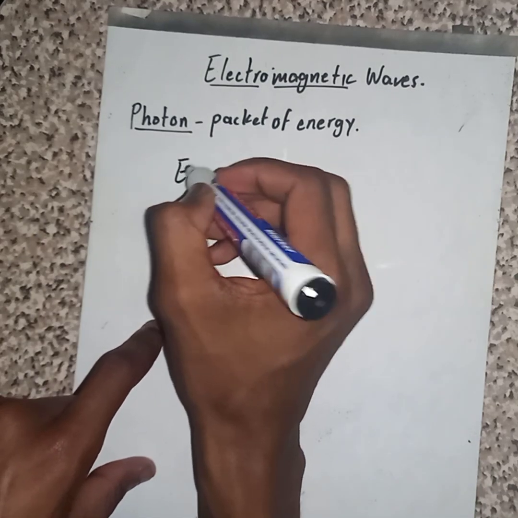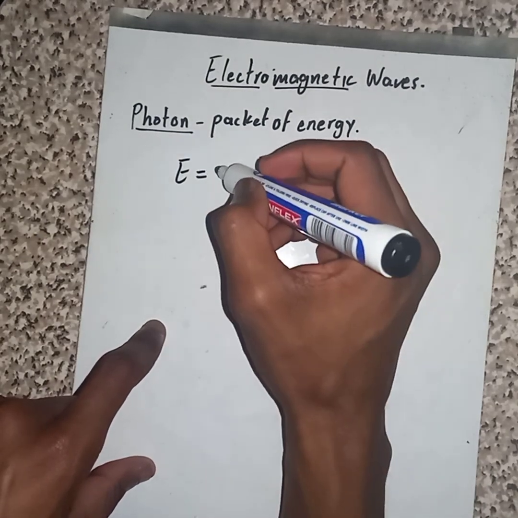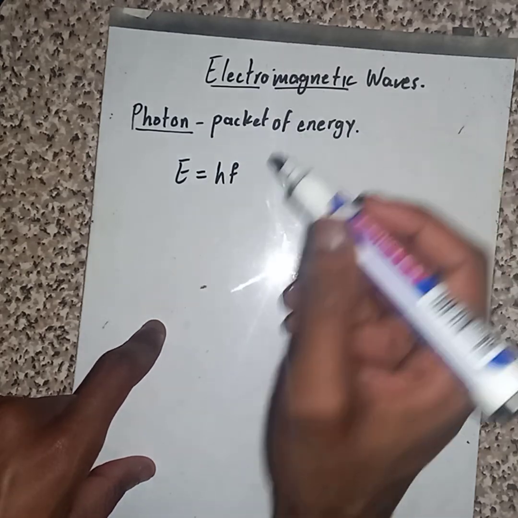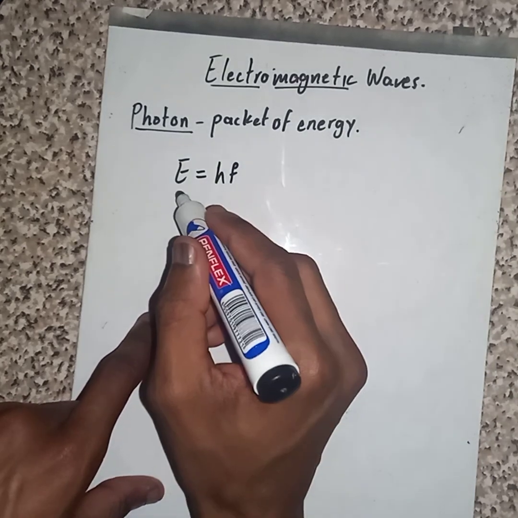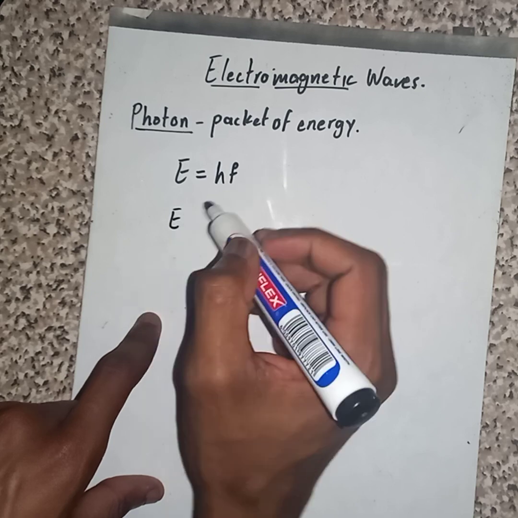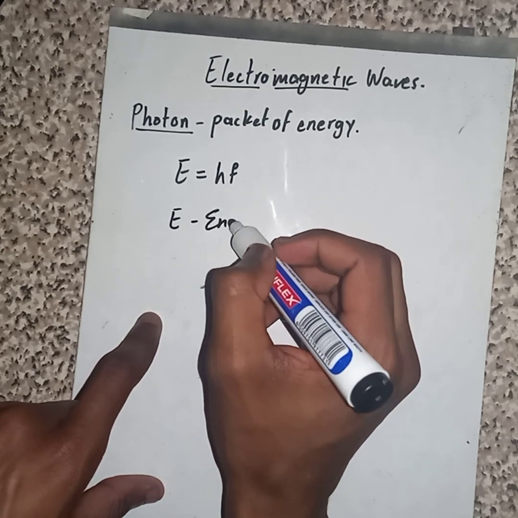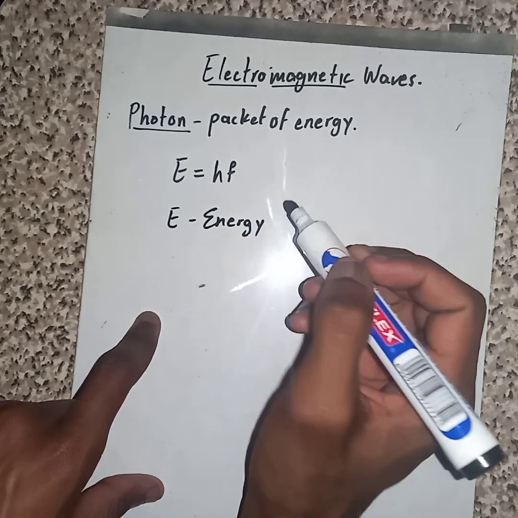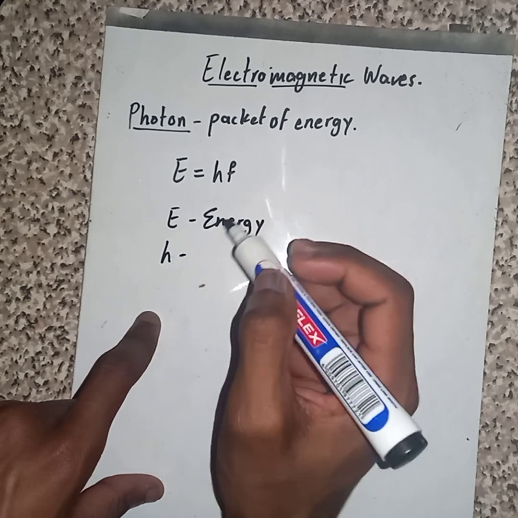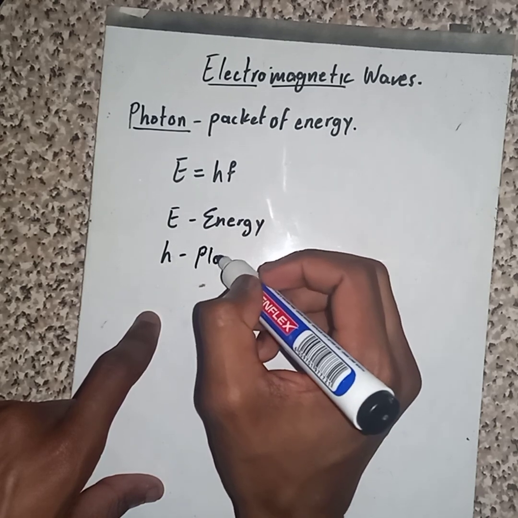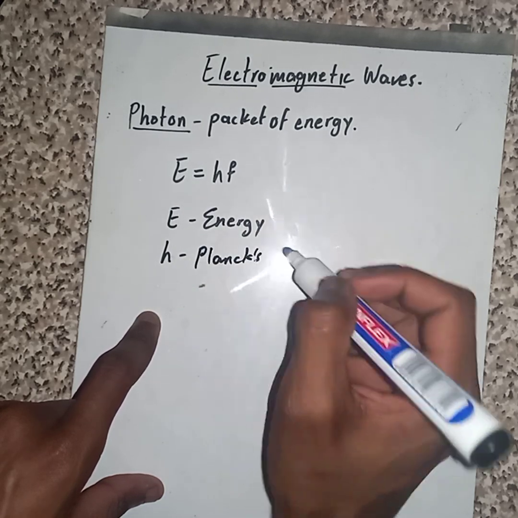We use this formula: E = hf, whereby E represents the energy of a photon. We also have h, which is Planck's constant.